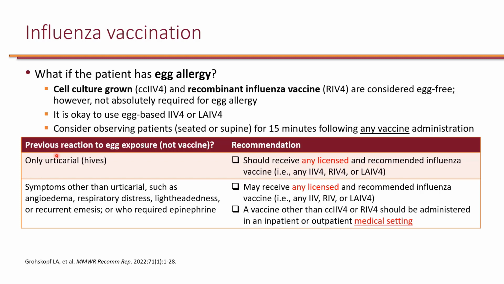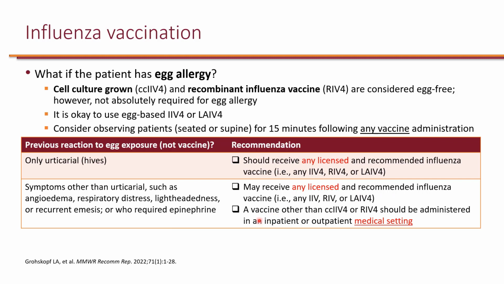Secondly, if the patient's reaction was only hives, so urticaria, they should receive any licensed and recommended influenza vaccine, including either egg-based or non-egg-based. So it's not required to give a non-egg-based vaccine. Now, for people with symptoms other than urticaria, including angioedema, respiratory distress, lightheadedness, or recurrent emesis, or if the patient required epinephrine because of the reaction, they still may receive any licensed and recommended influenza vaccine, including egg-based vaccines.